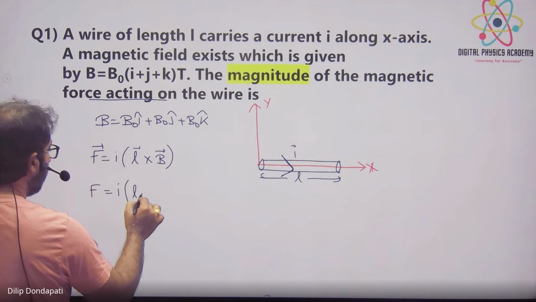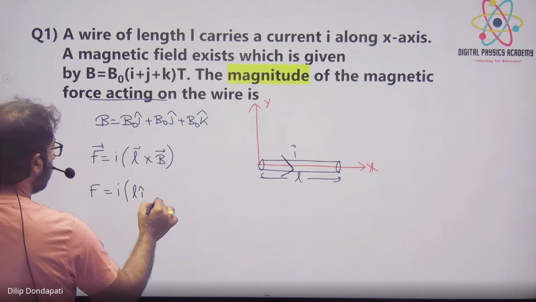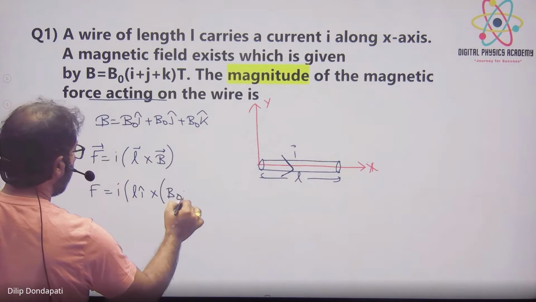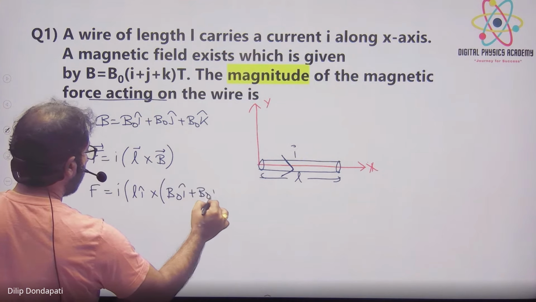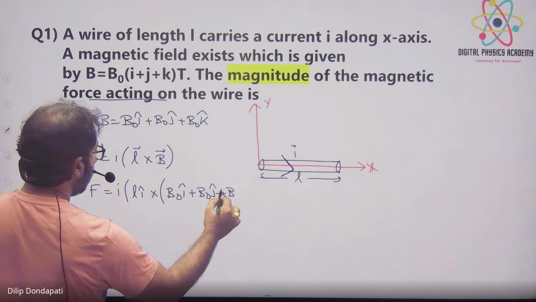X axis. So it is L i cap, cross B naught i cap plus B naught j cap plus B naught k cap.